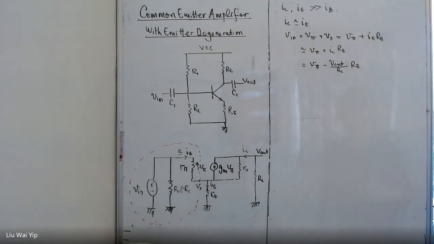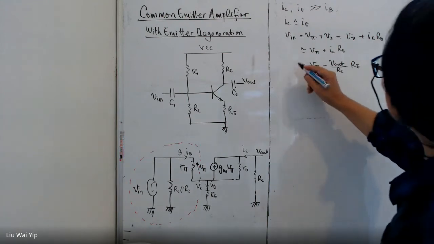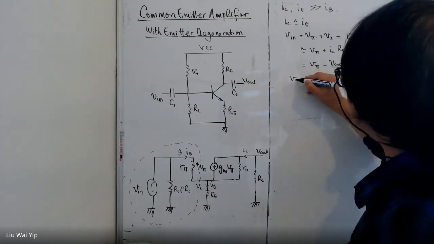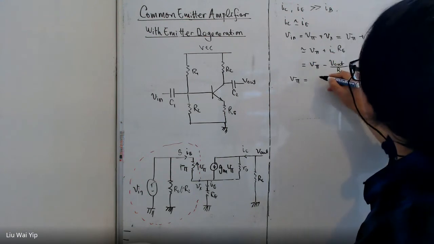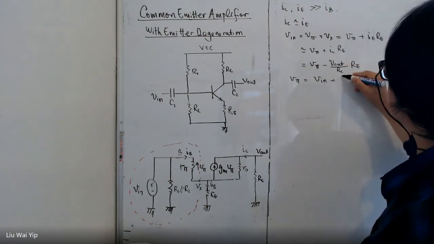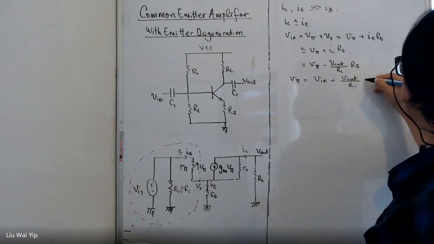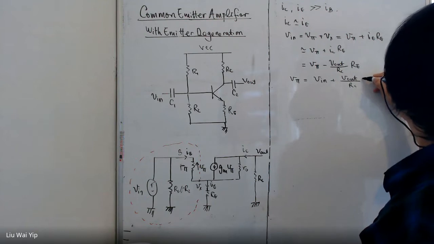Okay? So based on this assumption, we can quickly find out Vin is equal to V pi plus RE over RC times VL.